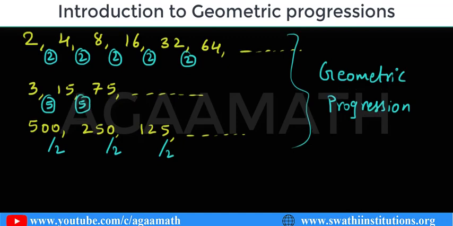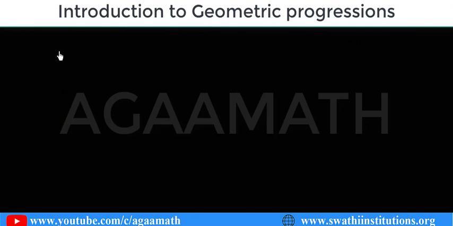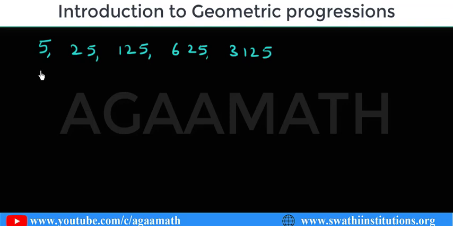Now let me come with one more example. Observe how we represent the terms algebraically. Let me take 5, 25, 125, 625, 3125. The first term is taken as A1, the second term is A2, the third term is A3, the fourth term is A4, the fifth term is A5, and so on. The nth term is indicated with An, that is the last term we take.